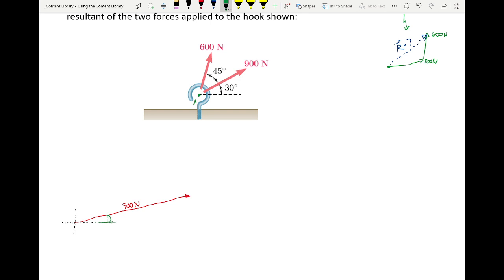What is that angle right there? 30 degrees, okay. All right, now I'm going to draw another little coordinate system right here, because this is going to be valuable. We're going to draw another vector, 600 newtons.